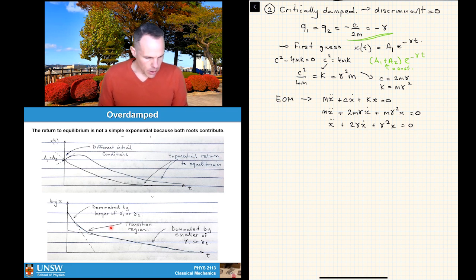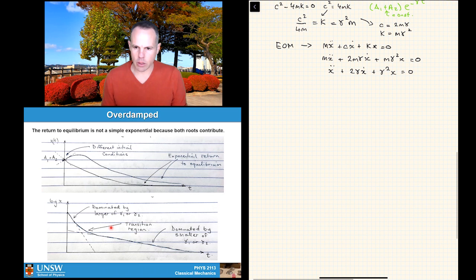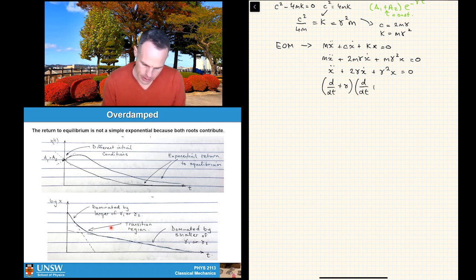If we have this, we can now factorize this into two pieces, and the two pieces look a little bit like this: d on dt plus gamma, d on dt plus gamma times x is equal to 0, okay? And I'll let you check for yourself by working backwards that you go from here back to there.